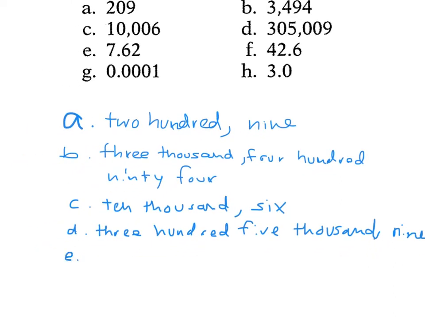E, we have 7.62, which would be 7 and 62 hundredths, since our last decimal place is in that hundredths place. So this would be 7 and, to represent the decimal, 62 hundredths.